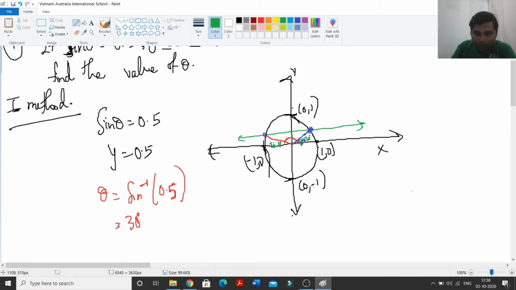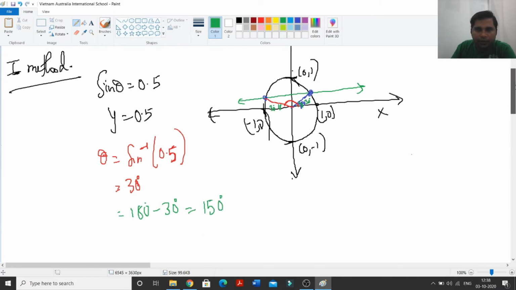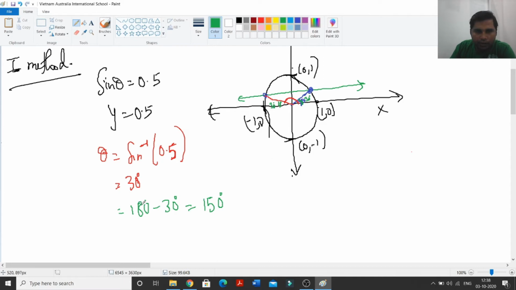So the other solution will be 180 minus 30, which will give you 150 degrees. Okay, so the two answers are 30 degrees and 150 degrees.